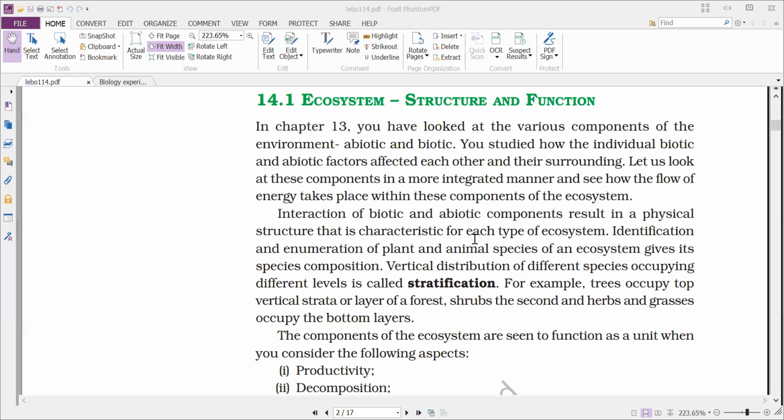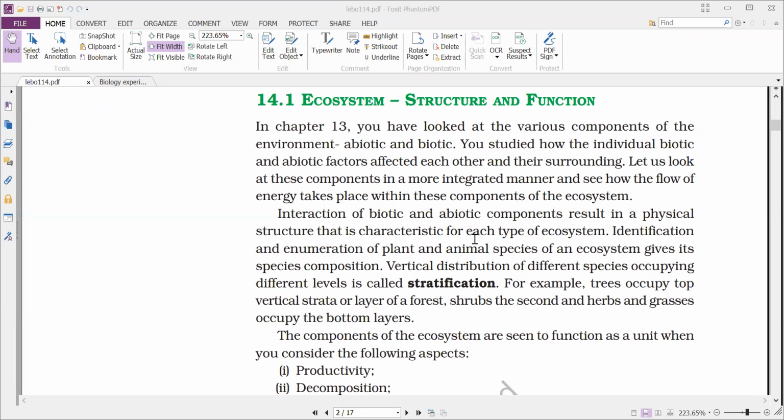And next, identification and enumeration of plant and animal species of an ecosystem gives its species composition. So first of all, we have to identify the different types of species, and the number of each species also we have to study.